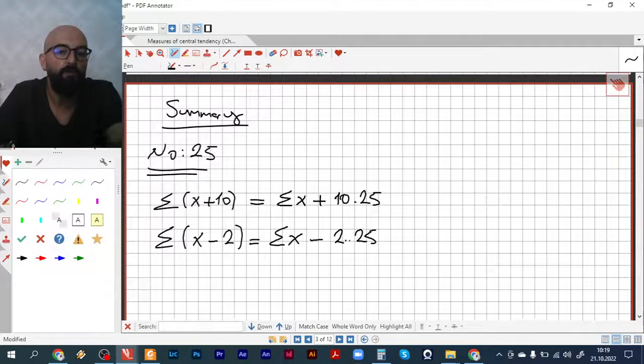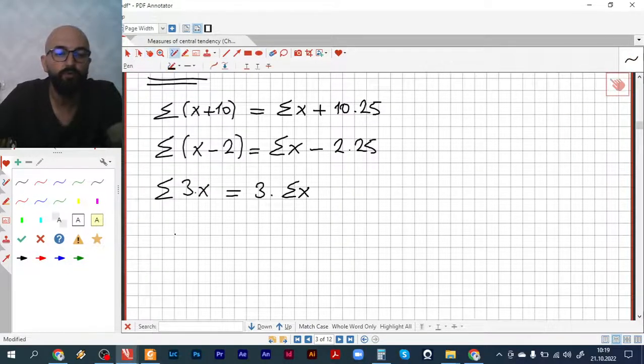If you have 3 times x, you can use 3 times the sum of x. If you use sigma x over 2, you can use the sum of x over 2.